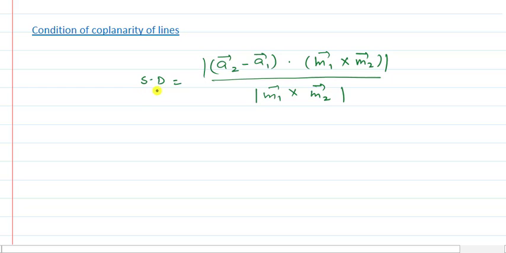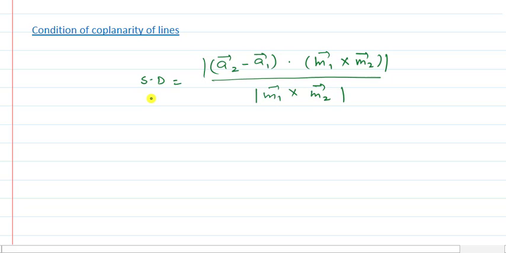Now, if the shortest distance between the two lines becomes 0, it means what? The lines will intersect, because as I told you, skew lines are neither parallel nor intersecting, because they are lying in different planes. But if these lines intersect, what does it mean?